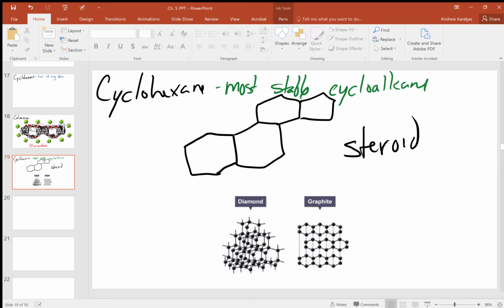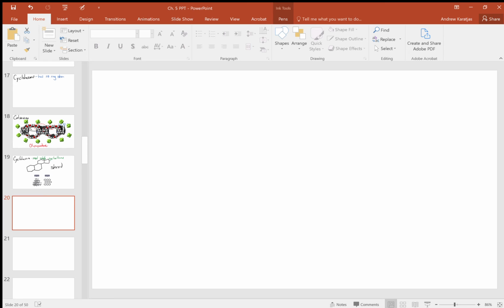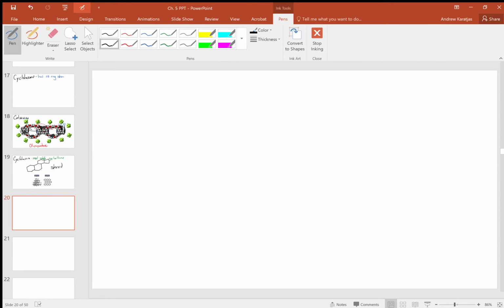So here's where you should pause for a moment and put together a model of cyclohexane. And now that you've done that, you should twist your ring around in such a way that if you look down any of the carbon-carbon bonds, you should see all staggered conformations.